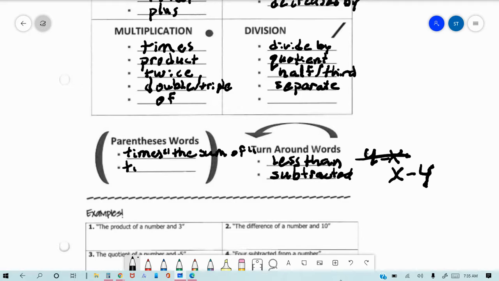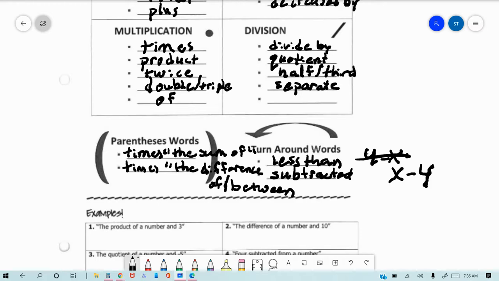Okay, so times the difference of or difference between. Oops, I can't even read that. It's just blurs. Between would be put in parentheses.